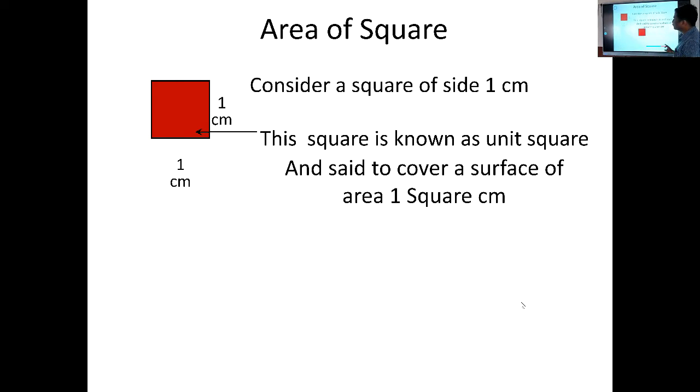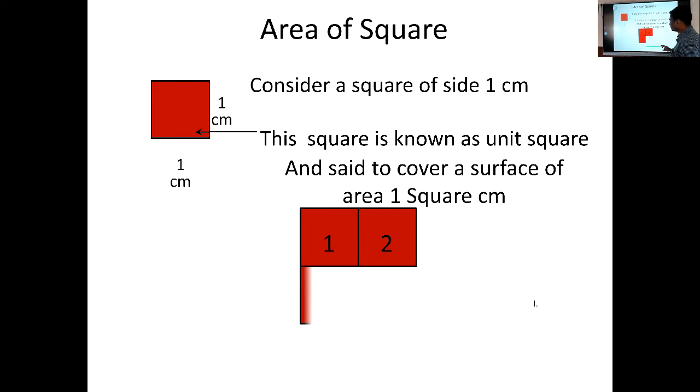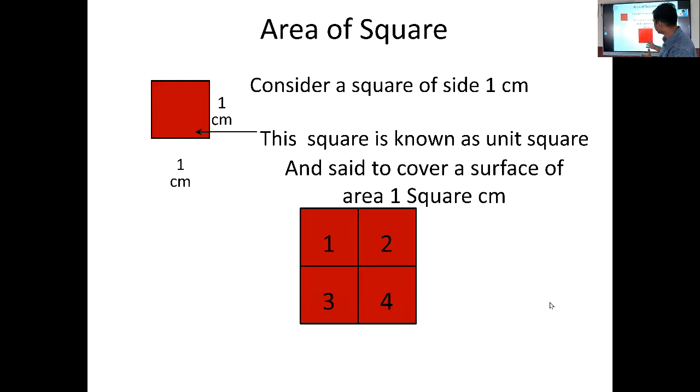Now, if I take 4 such squares, 1, 2, 3, and 4, what figure do you get? This figure is nothing but another larger square. And what are the dimensions of this figure? One side will be 2 centimeter, another side will be 2 centimeter. So this is a square of 2 centimeter by 2 centimeter.